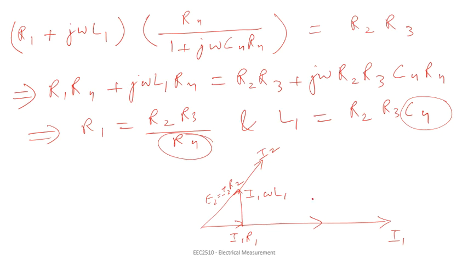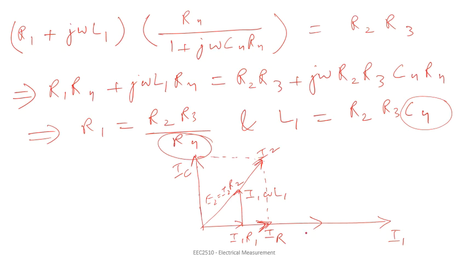This will be I2. Similarly, if this is IR, then this IR plus this IC, or you can say the phasor sum of this current IC and IR, will be this I2. This is the resultant with the I2 which you are seeing here.